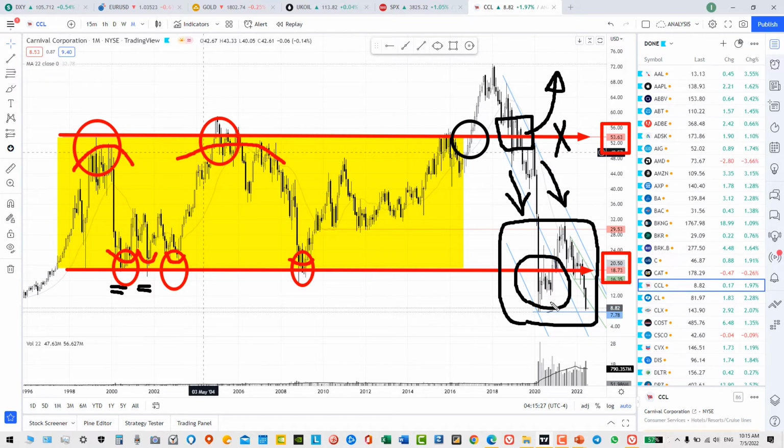But we can see here things are volatile. The picture is not clear. Sometimes it breaks to the downside, giving a bearish indication. Other times it returns once more above the significant support, giving a bullish indication, and so on.